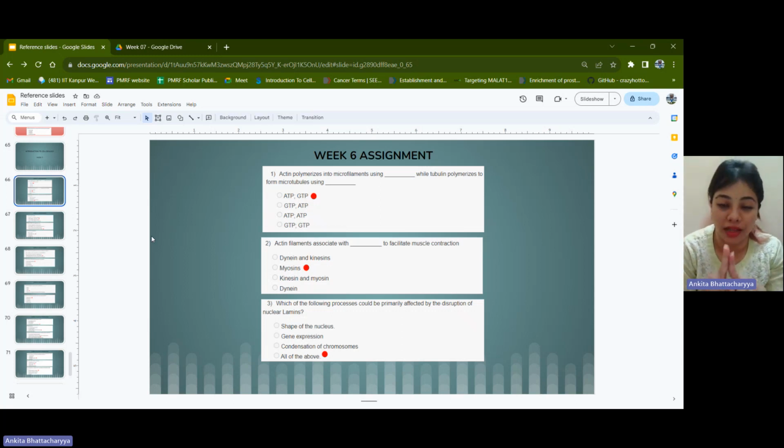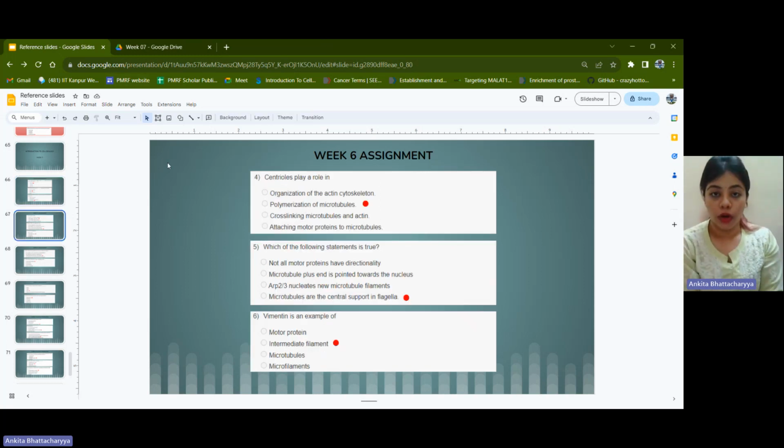That requires the correct transport of the mRNA that needs to be translated from the nucleus into the cytosol, so gene expression could also get affected by this disruption. And thirdly, condensation of chromosomes also would get affected, and therefore the correct option for this is all of the above. Then in question 4, we've been asked about centrioles.